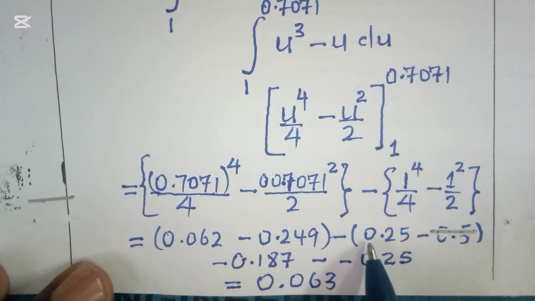Then minus 0.25 minus 0.5, this one gives us that. And we have also a minus here. So when I have done this, I've been able to get 0.063. So guys, this is our solution.